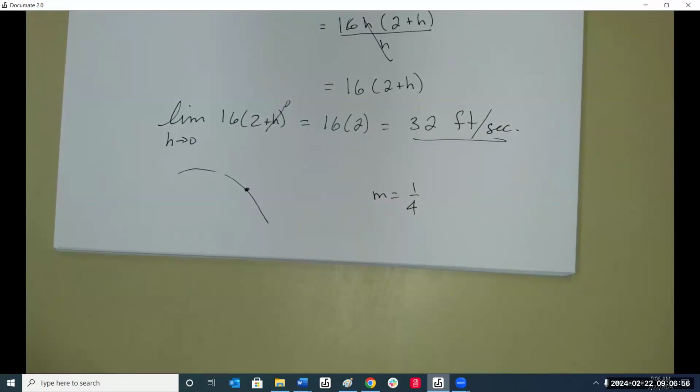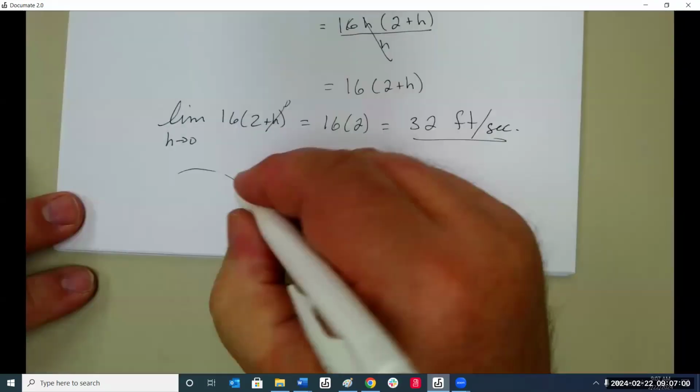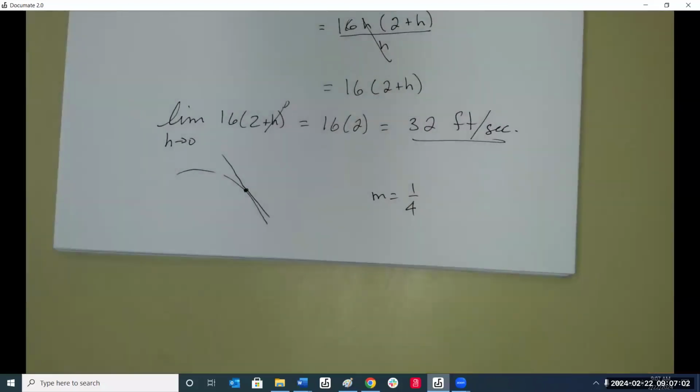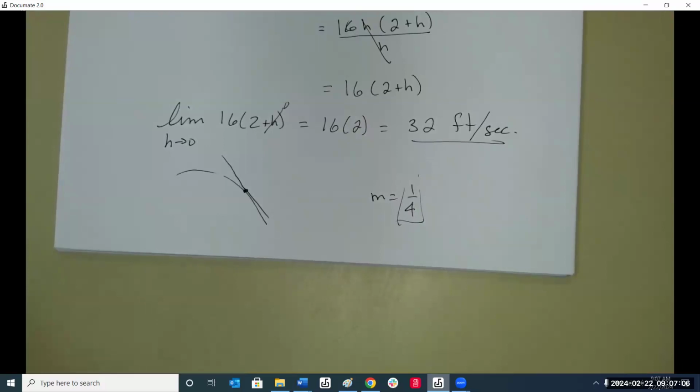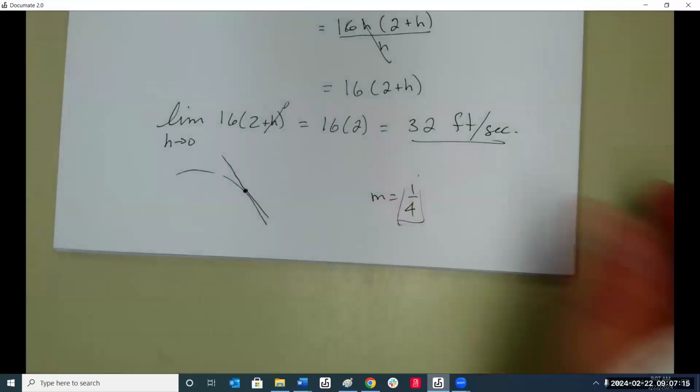Is it right or wrong? Right, because this slope here is negative. So you know that your slope has to be negative. So either you forgot to put the sign up there or something along the way. So drawing the picture always helps to see what your answer is supposed to be.